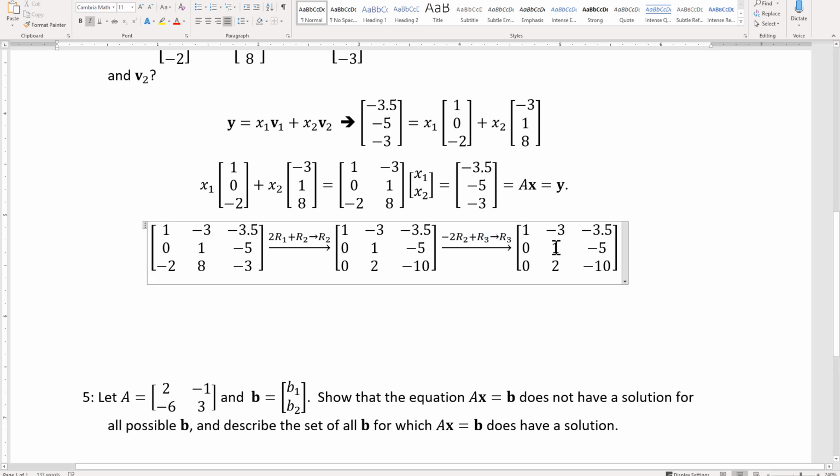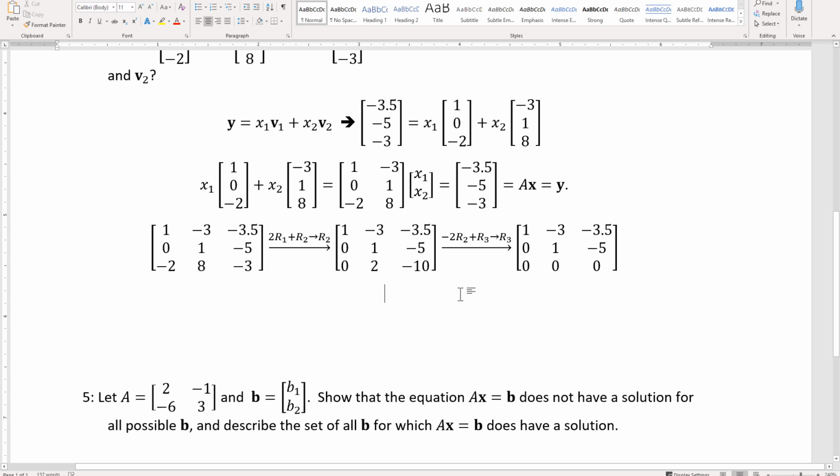So when we do that step, we're going to get negative 2 times 1 is negative 2, negative 2 plus 2 is 0, negative 2 times 5 is positive 10, positive 10 plus negative 10 is 0. So now we have our solutions, where we can find our solutions.